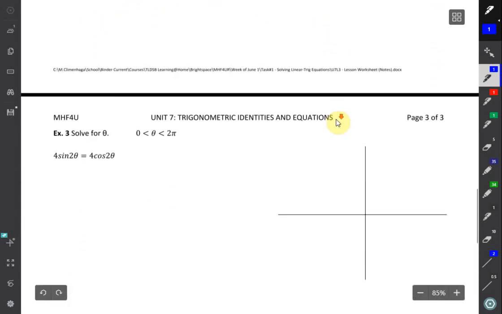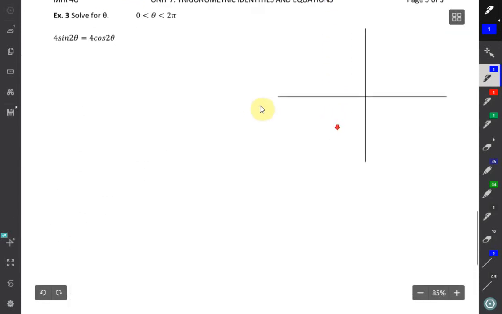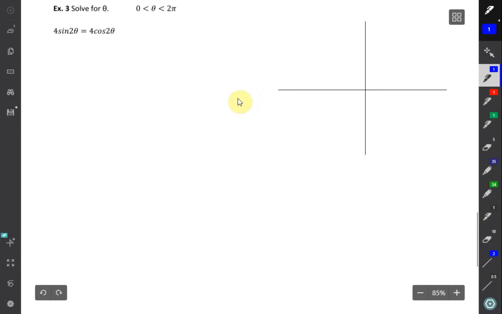Coming down to this next question. This is another example where we have sine and cos on both sides. So what we're going to do is divide both sides by the cos of 2 theta.